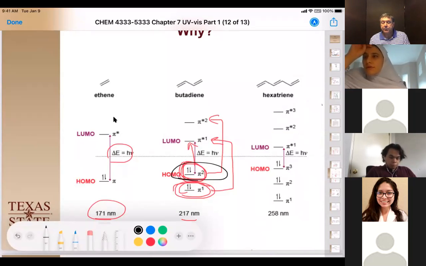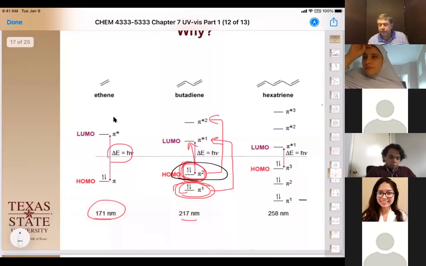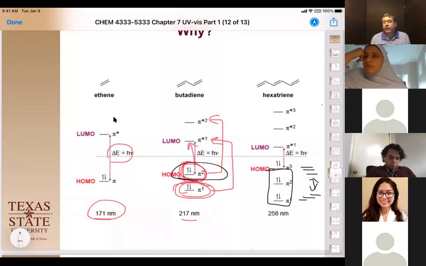And gaps really aren't that big. If you can imagine, they'd be almost stacked on top of each other here. But the fact is that these are still getting smaller. The gap here is getting smaller. It's a relative term. These are much closer together than they look. And it has to do with, let's say that when you have free rotation, this could flip around and be cis to the other one, and that'll be a slightly higher energy or lower energy.